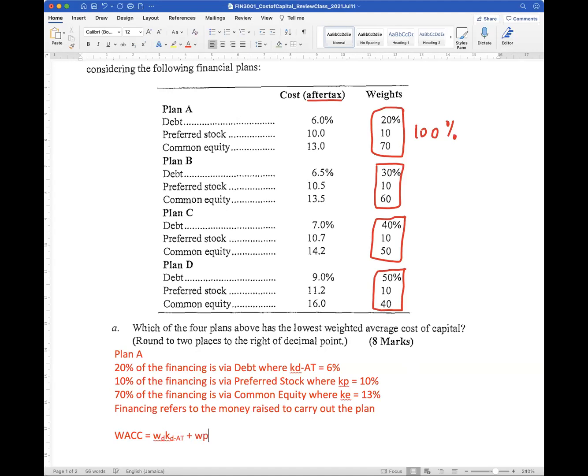So we have the weight of preferred stock, WP, times the rate that we pay for the preferred stock.